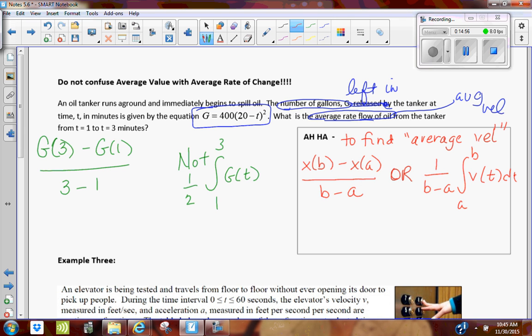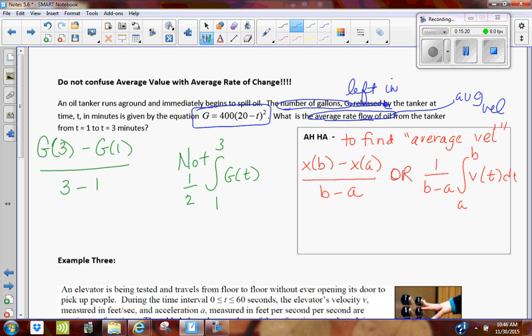Okay, because when you integrate velocity, it's position. Now, do you remember on the first page, I had just this? And I said, what do you get? You said x of t from b to a, which is x of b minus x of a, which is x of b minus x of a over b minus a.